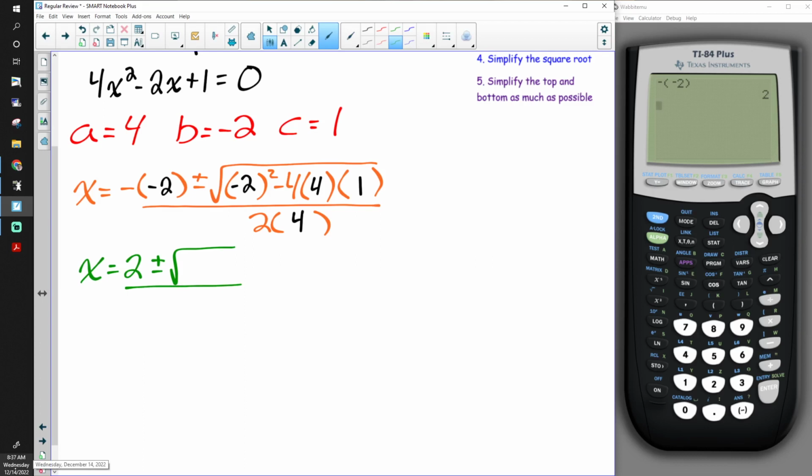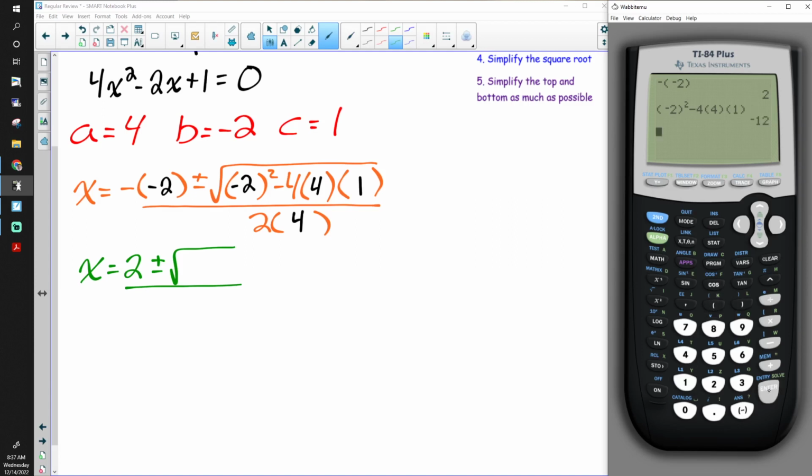I'm going to plug everything under the square root exactly as I wrote it. -2 squared. A lot of students forget the square, don't forget it. Minus 4 times 4 times 1. Exactly as I wrote it. Click enter, and we get -12 this time.